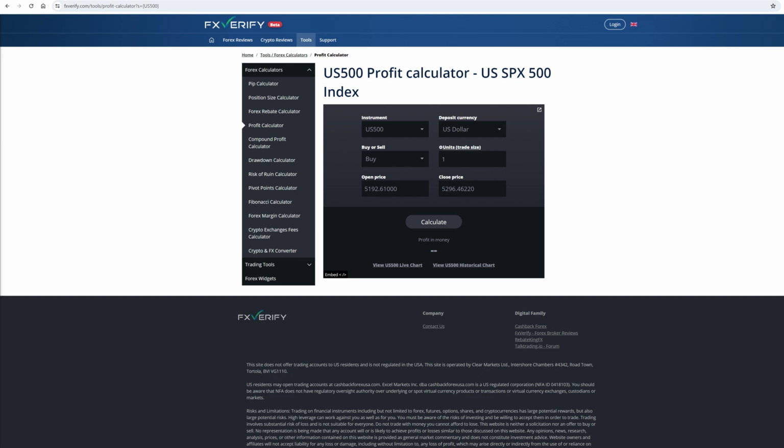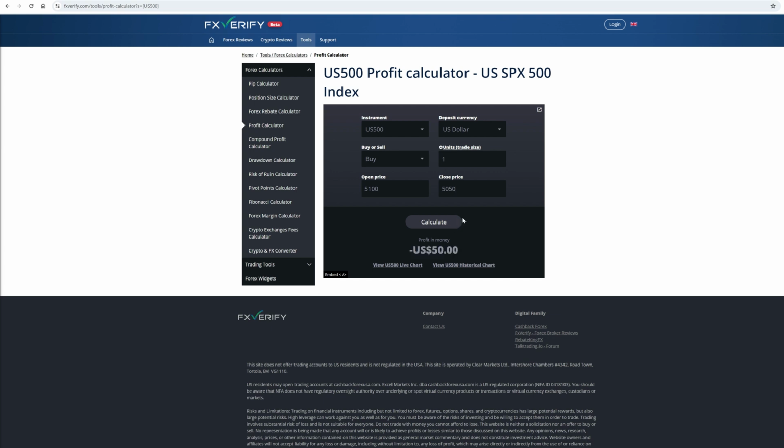So let's assume we are going to trade one lot in US 500, which is the S&P 500 cash index, not the futures, and I will show you why it's different. So let's assume we are buying at 5,100 and we have a stop loss at 5,050 over here.